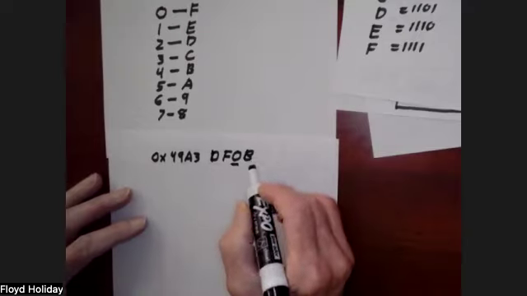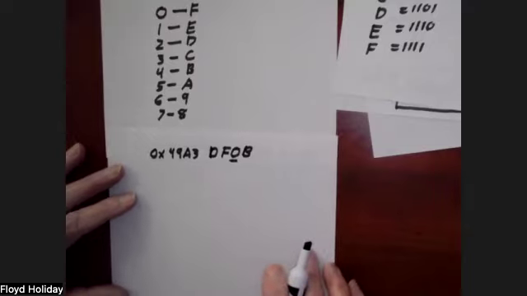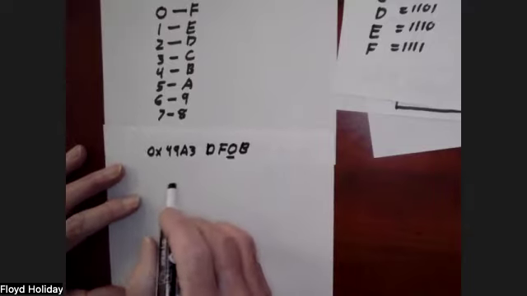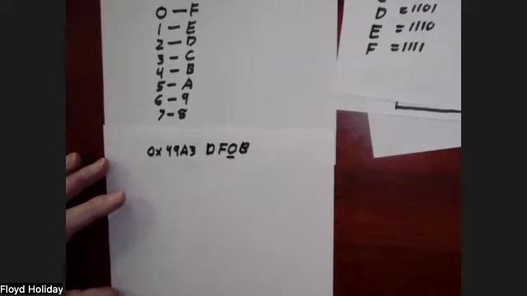Manually, that'll take a long time. It'll take 20 minutes to figure that out. With a calculator, you could get the number quite easily. But we want its negative.